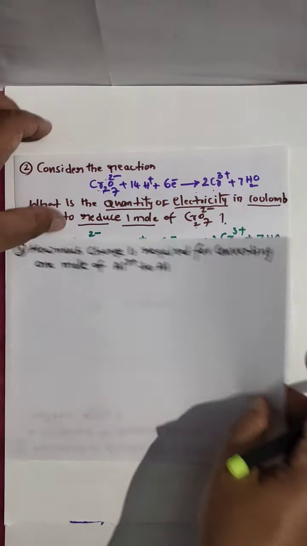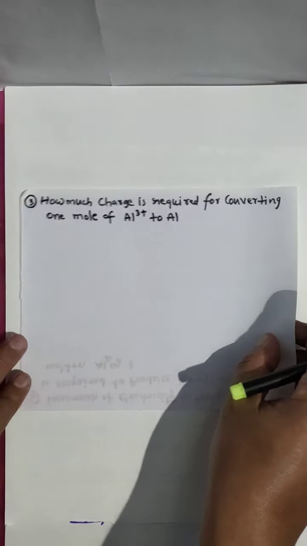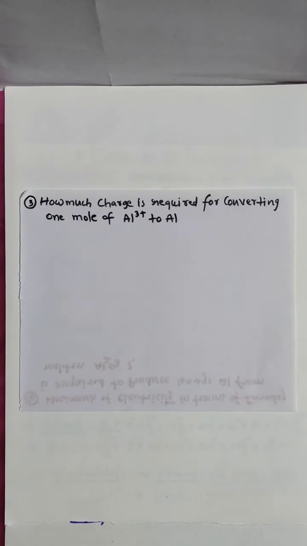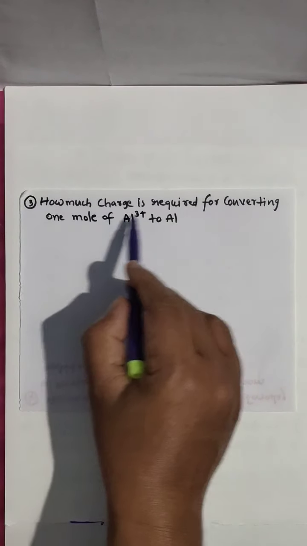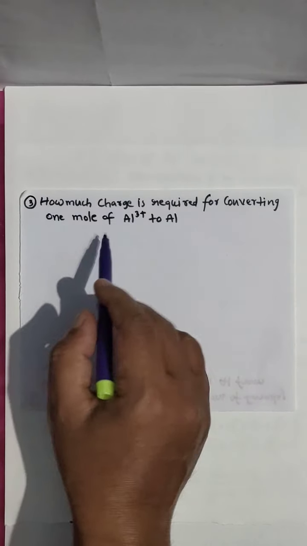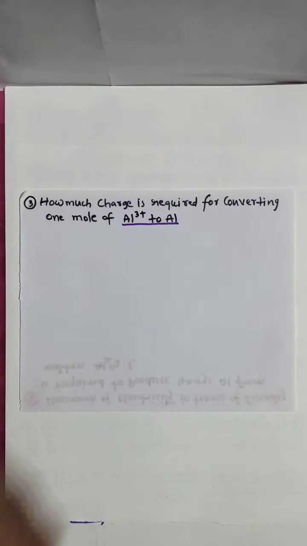Next, another problem we have here. Problem number 3. How much charge is required to convert 1 mole of Al3+ to Al? In the previous problem, what did we do?